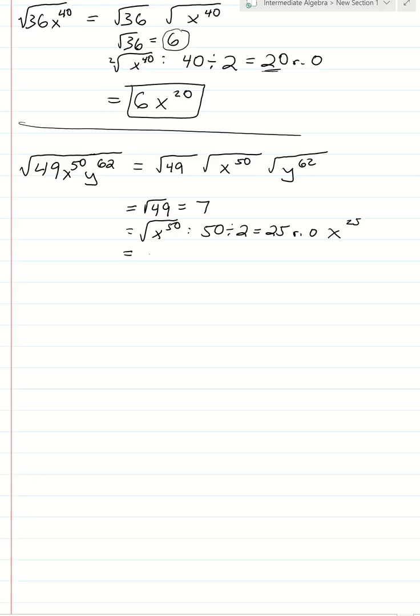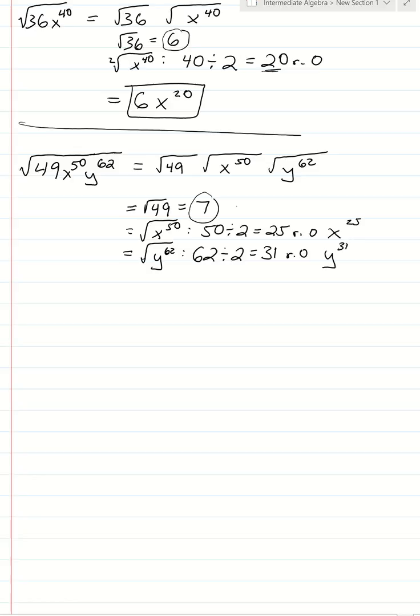And if we were to do the same thing now with the square root of y to the 62nd, we're going to take that 62nd power, we're going to have to divide by the root index of 2. 62 divided by 2, that goes 31 times, no remainder. So now we're going to have a y to the 31st power.